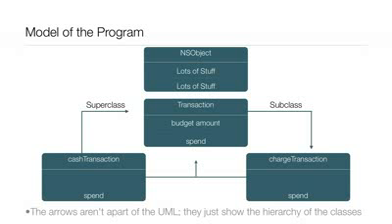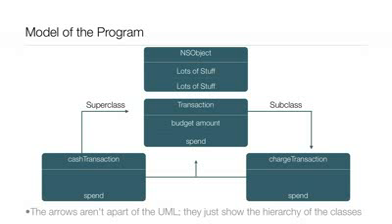And you may be wondering, well, why are they declaring spend if Transaction already declared spend? Well, there's actually common functionality between CashTransaction and ChargeTransaction that is in spend. Functionality that is in both of those methods.